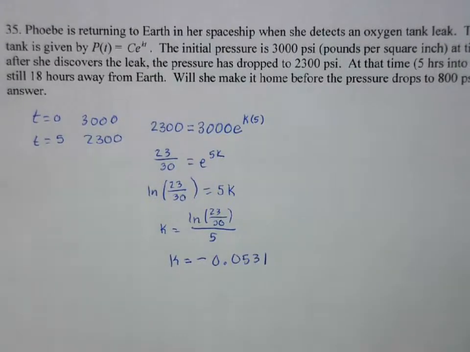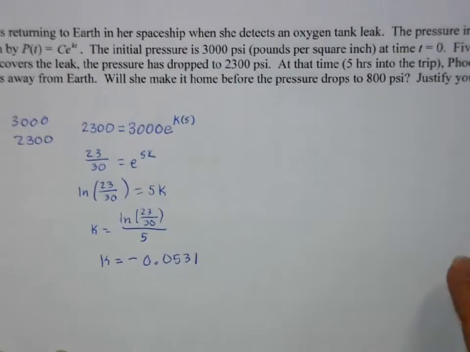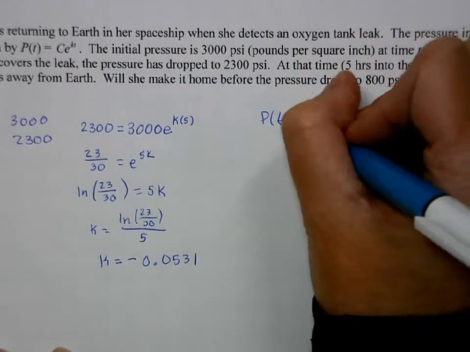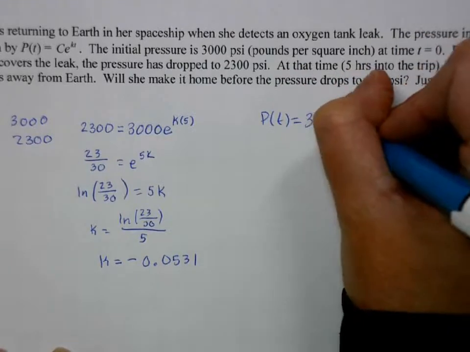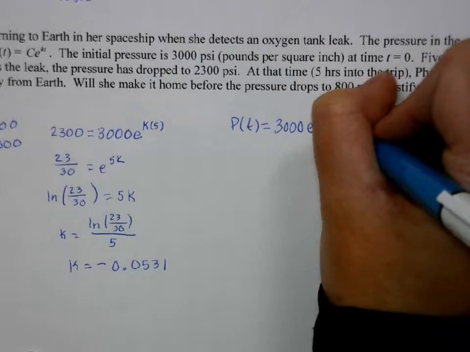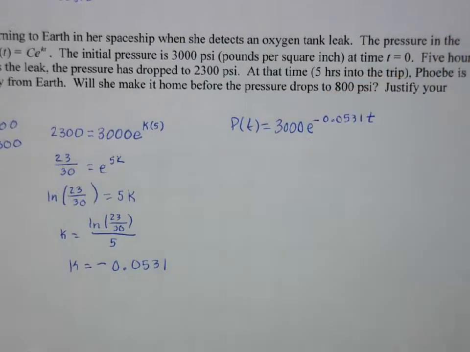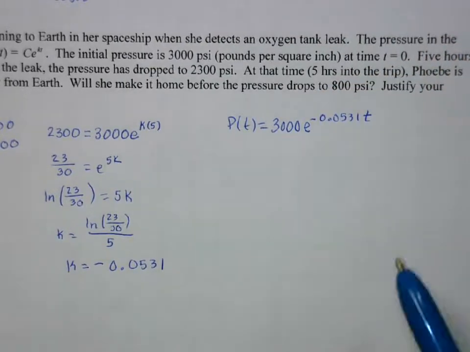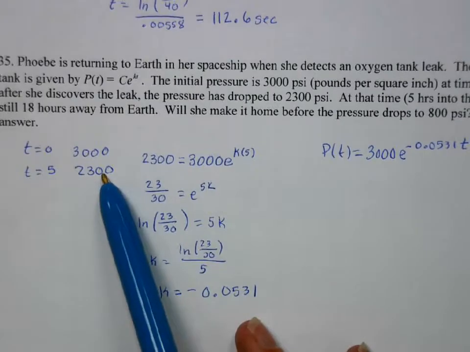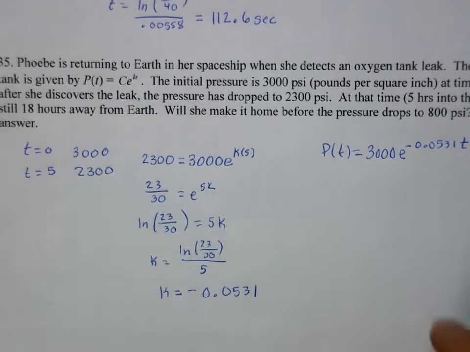So my general equation, P of t, is going to be 3,000 e to the negative 0.0531 t. Now you could use the 2300 as your initial condition, and that's just going to change what value we plug in for the next part.